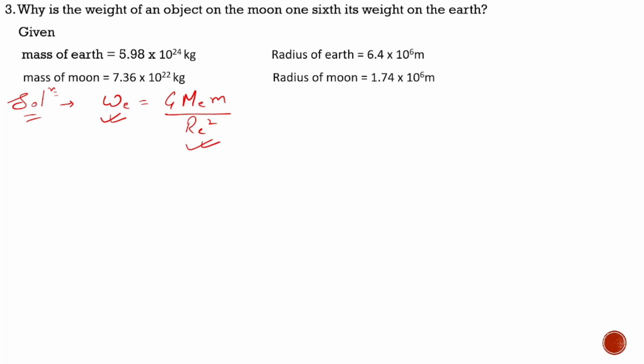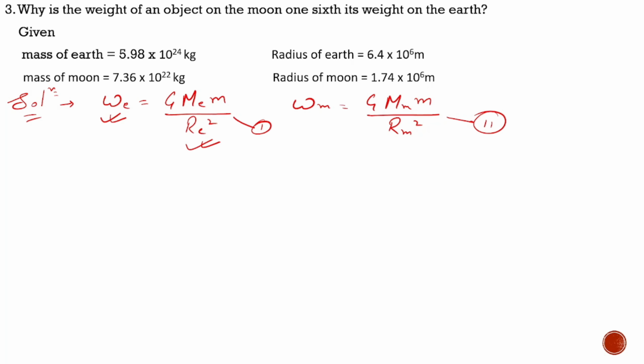Similarly, the weight of the object on the moon will be equal to G mass of moon into mass of that object, same m, divided by radius of moon whole square. Take this equation as equation 1 and this equation as equation 2.